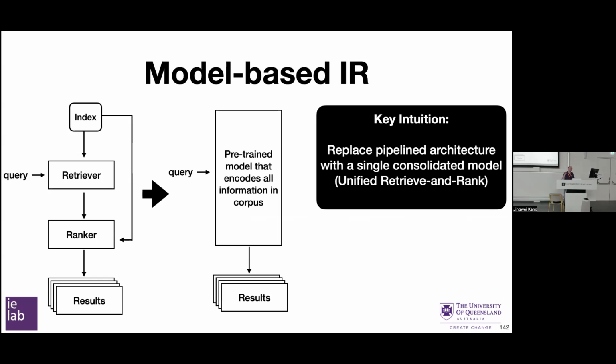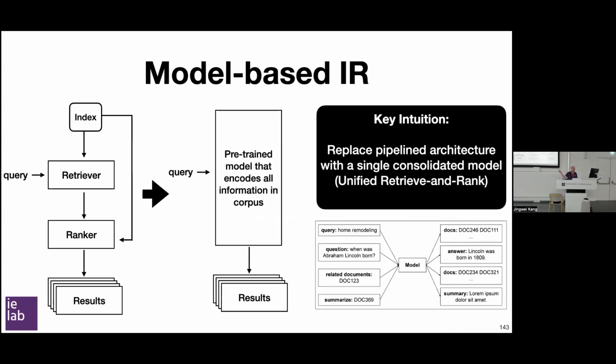What you want is that the pre-trained model has encoded, in its training process, all the corpus on which you want to do that retrieval, right? And so that's the whole idea of creating a unified retrieval and ranking framework, and that's the idea of the ESSIR.